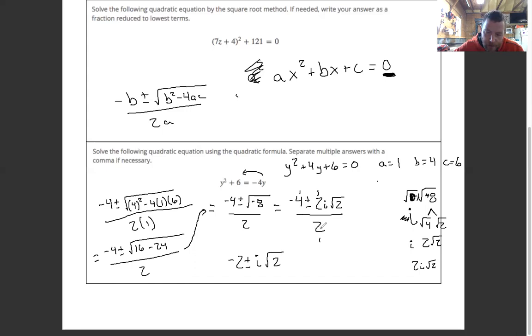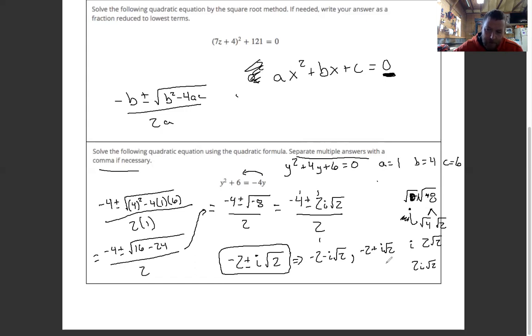So this is your answer. Now it's going to say separate multiple answers with a comma. So your two answers to this are negative 2 minus i radical 2. There's one. And then the other one is negative 2 plus i radical 2. Those are your two answers that it'll ask for.